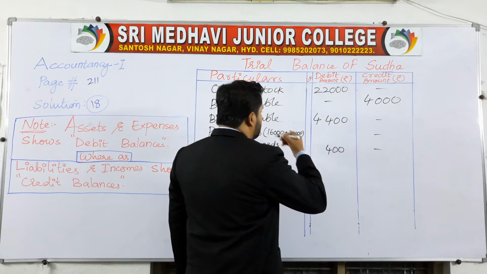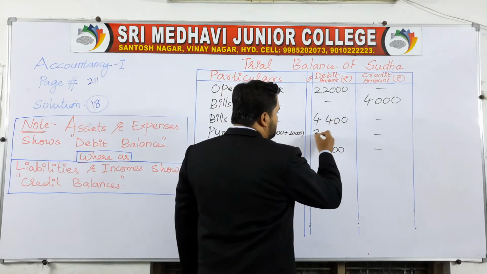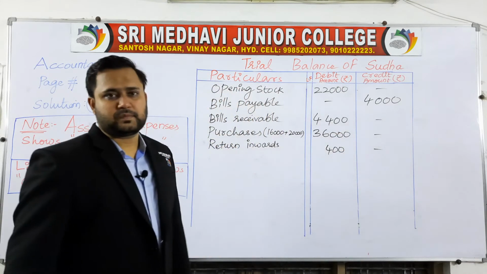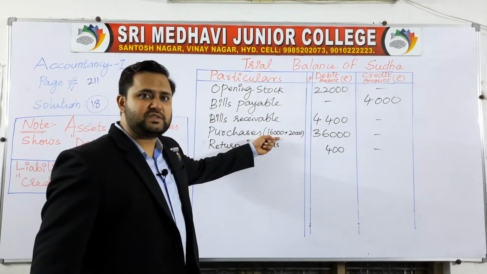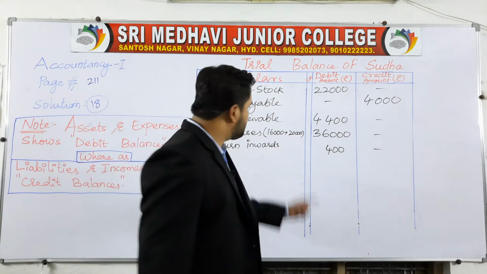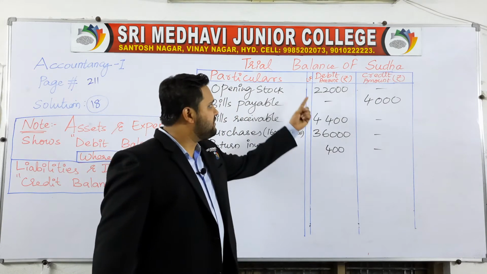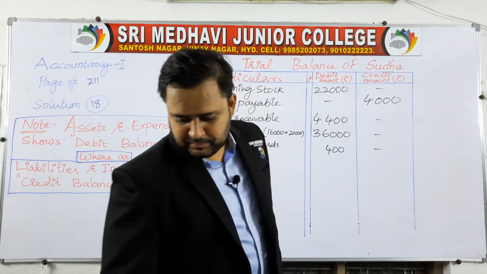So 16,000 plus 20,000, the total purchases is 36,000, which shows debit balance and comes under the debit column.